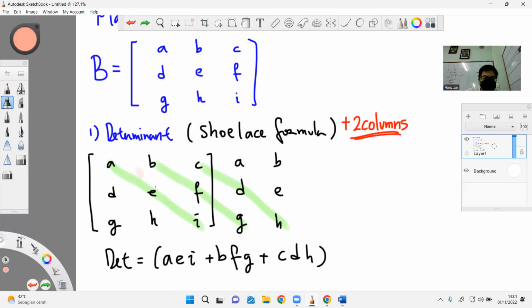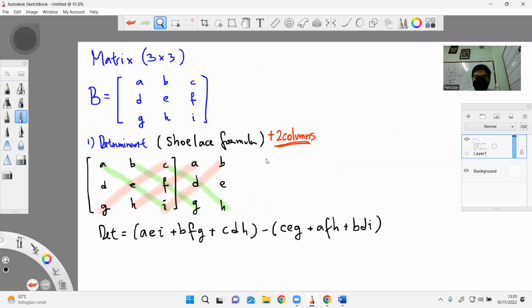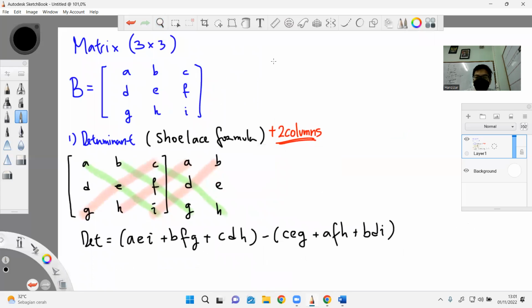This, this, and this. So I need to subtract with the red: CEG, or you just write GEC, up to you, plus AFH, plus BDI. Then you found the determinant. This is the first step.